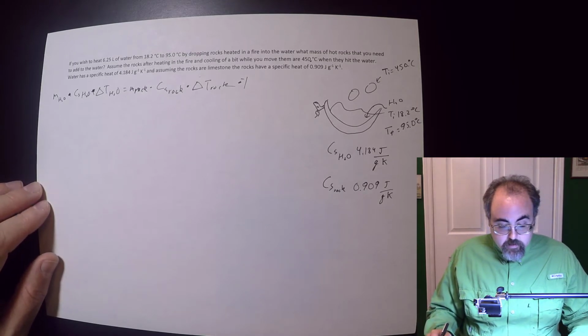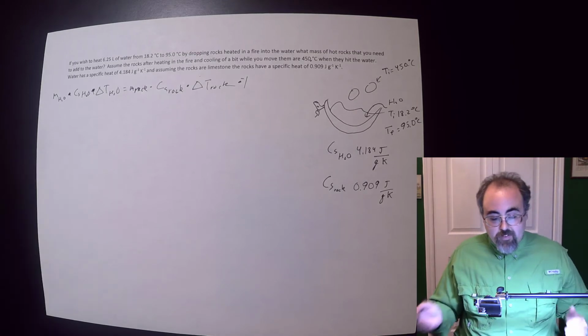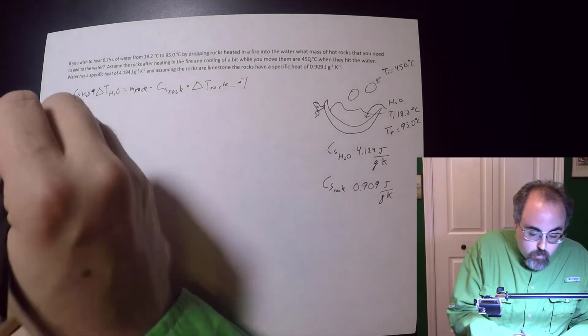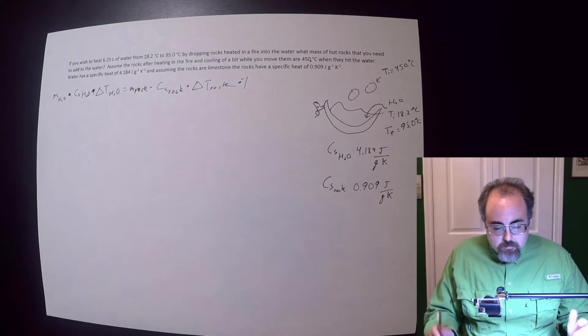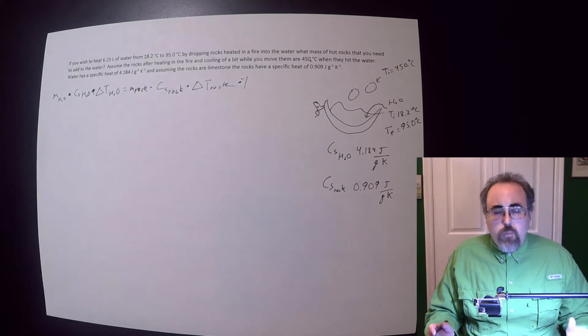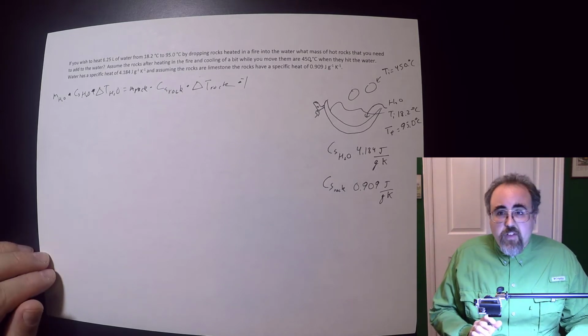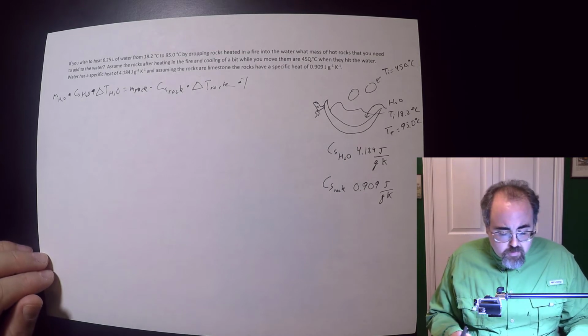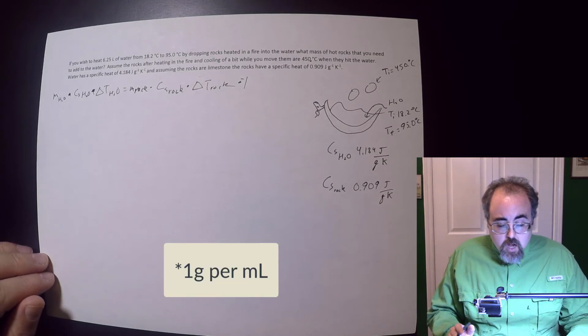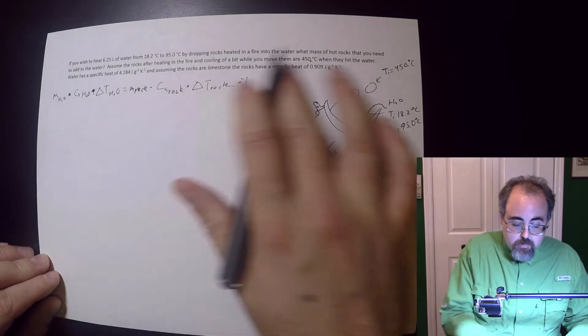Okay, let's see. Oh, we have one more piece of information. We don't have mass water, we have volume of water. So for water, if I wanted lots of sig figs, I could go look up the density of water. With 3 sig figs, it's going to be pretty close to 1 gram per milliliter. So I'm going to assume it's 1 gram per milliliter. If I wanted more precision, well, that would be another question.